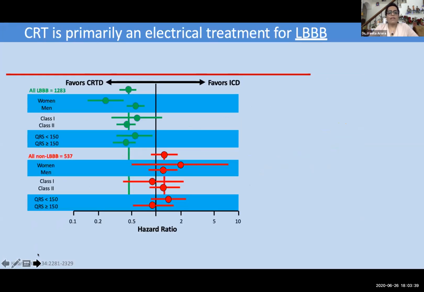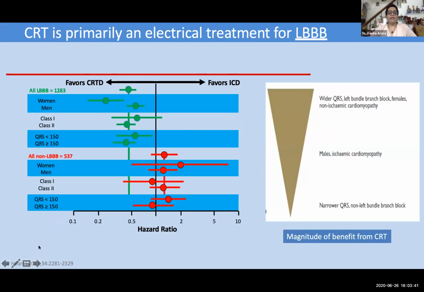And if we look at the analysis of the data, we see that among all left bundle branch block patients, the women fare much better than the men, and the wider the QRS, the more benefit is transferred to these patients. However, in non-LBBB patients, this benefit is not transferred except for the patients who have a wide QRS, more than 150 milliseconds.